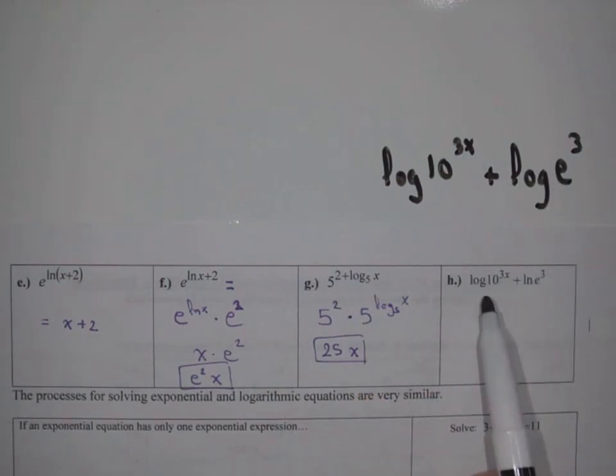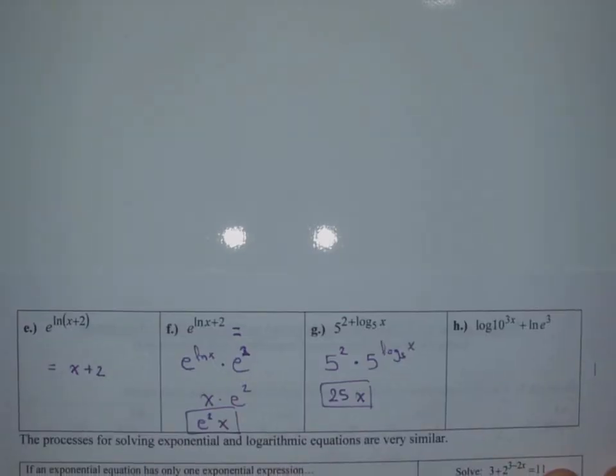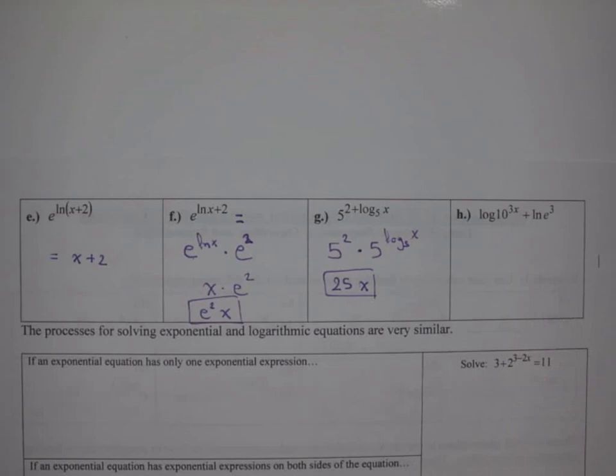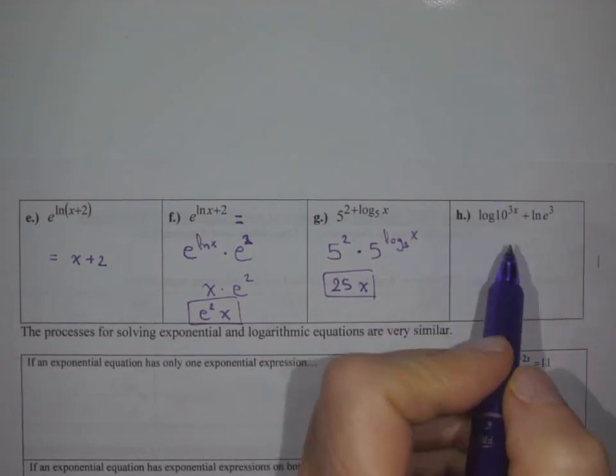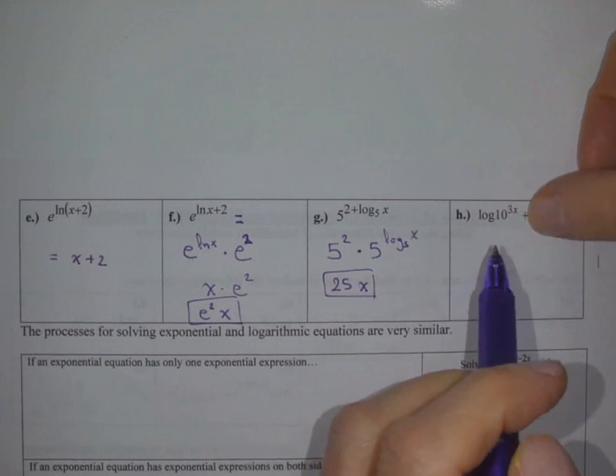But this is not the case here. This is a common logarithm. This is a natural logarithm. Those are two different bases, so I cannot do anything here. So that's going to stay the way it is. So this one we cannot simplify. Oh, I mean, we cannot put them together, combine them, but now I can simplify individually.